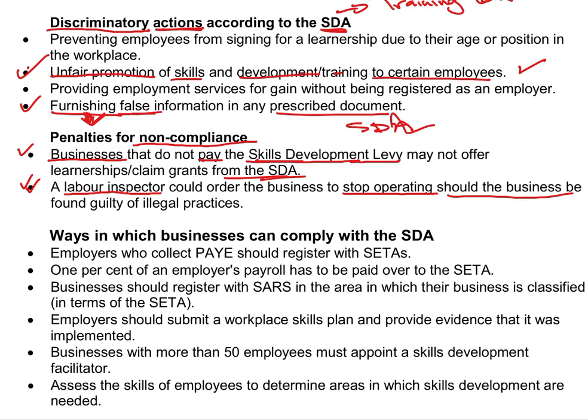If a business is found guilty of breaking SDA rules, e.g., discriminatory action, false info.